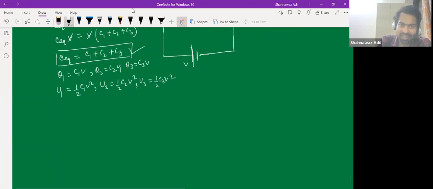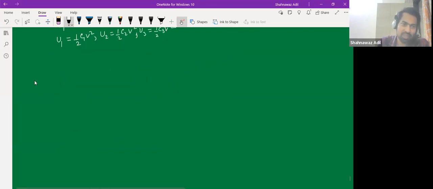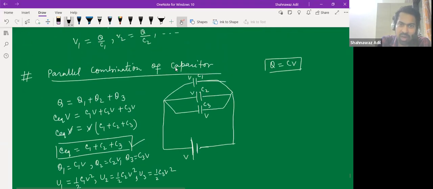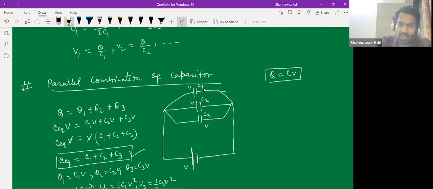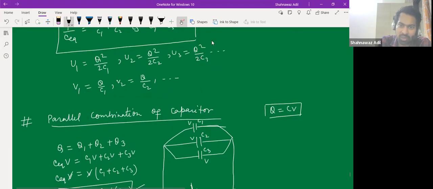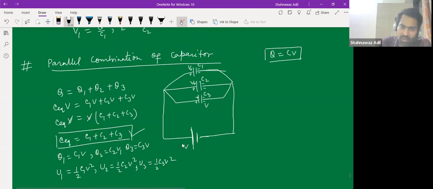Yes, Shavez. Okay, so now let us do some questions. Remember how do we recognize what is parallel combination and what is series combination? You see that this is positive, this is negative, this is positive, this is negative, and this is positive, and this is negative. When all these positive ones are connected together, that is a parallel combination, right?